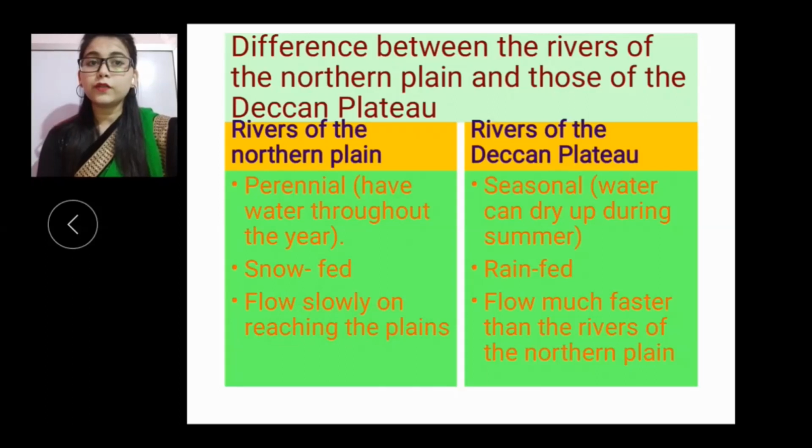The northern rivers flow slowly on reaching the plains. But the rivers of the Deccan Plateau flow much faster than the rivers of the northern plains, because the land of the Deccan Plateau slopes from west to east.